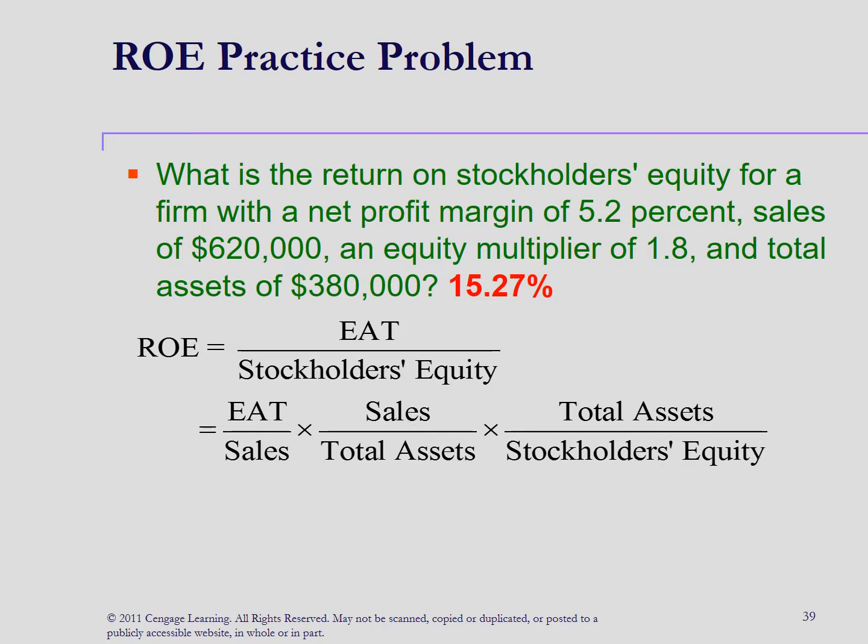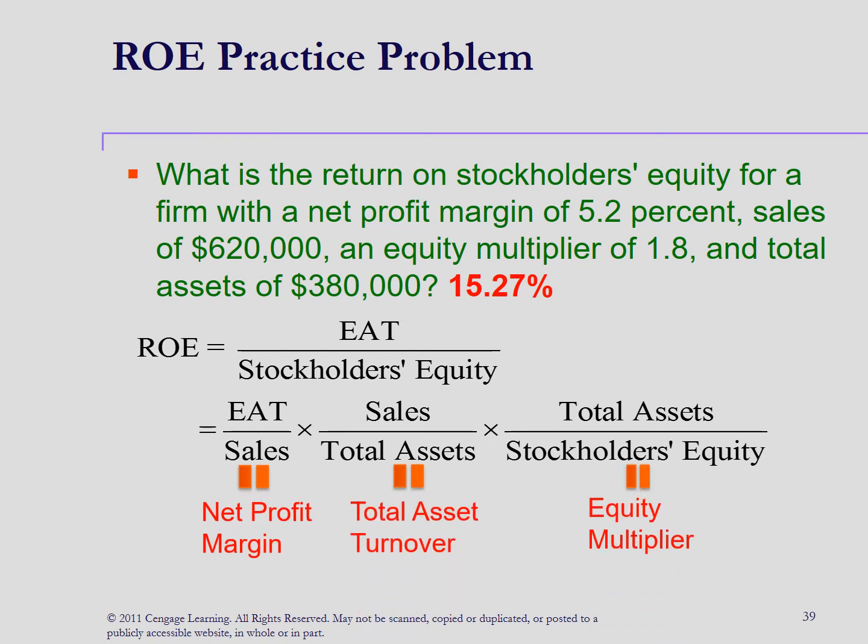What is the return on stockholders' equity for a firm with a net profit margin of 5.2%, sales of $620,000, an equity multiplier of 1.8, and total assets of $380,000? Return on stockholders' equity is defined as earnings after taxes divided by stockholders' equity, which can also be expressed as the product of net profit margin, total asset turnover, and equity multiplier.